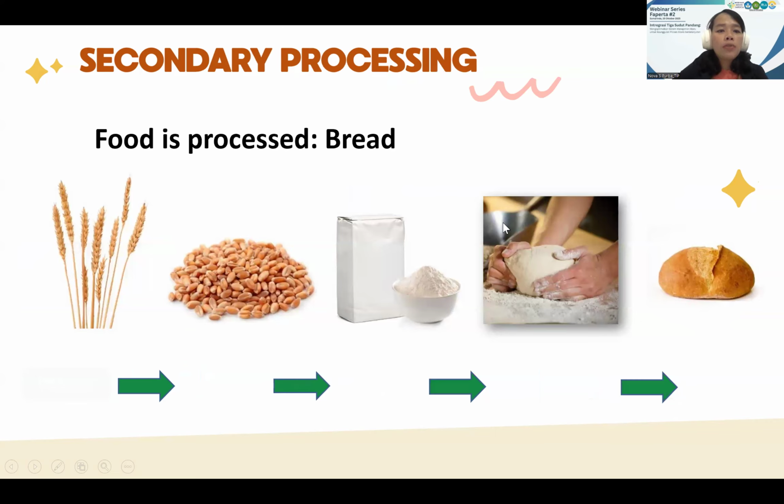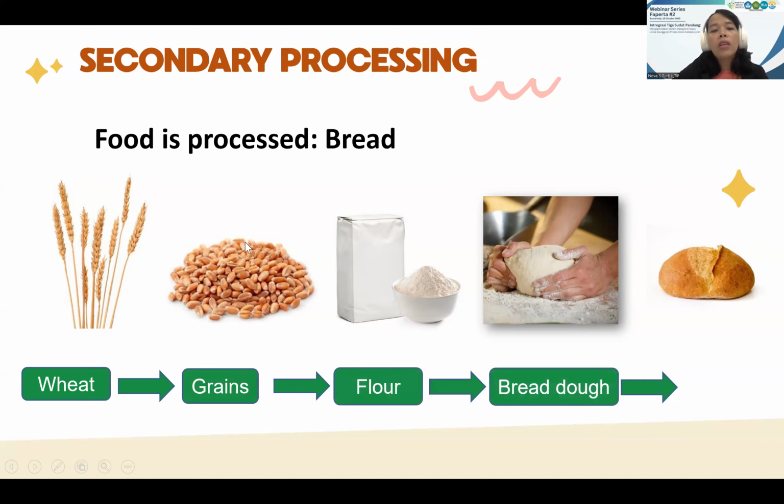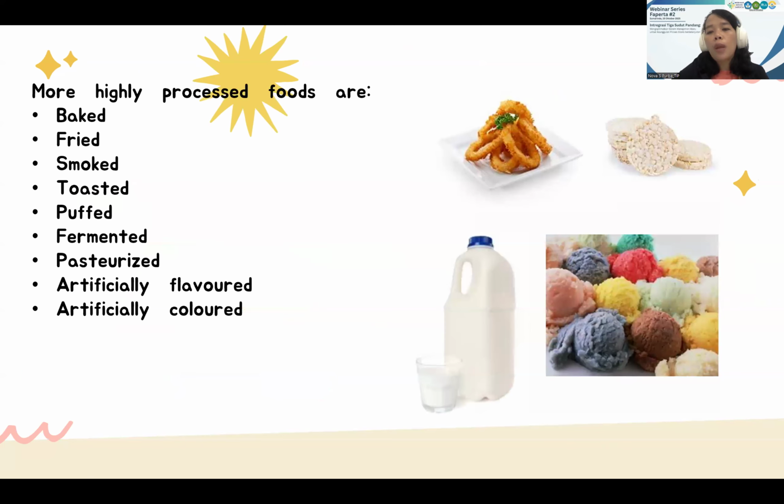Another processed food is wheat. We get the grains, and then we blend and dry the grains to make flour, and also we process the flour, make a bread dough, and we get the bread.